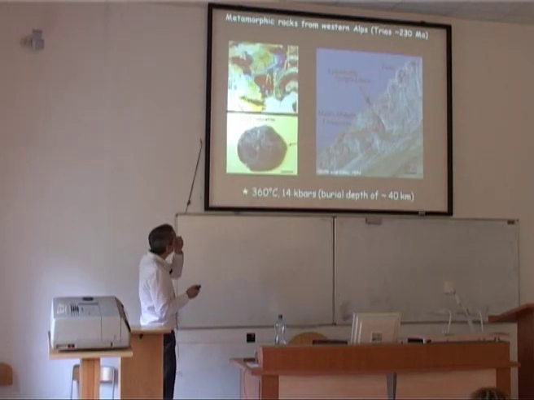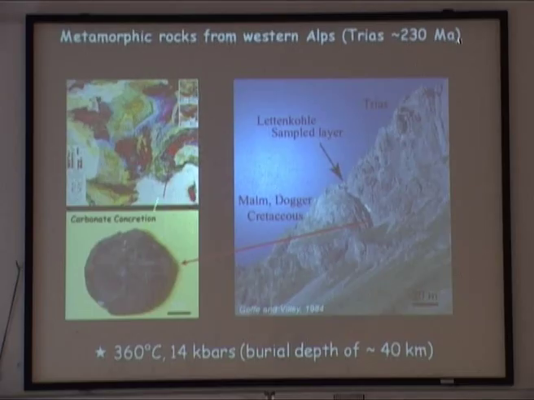So we looked at some rocks that we collected from the French Alps. This is how these rocks look. These are carbonate concretions. They come from that level in the Vanoise. And what we know from mineralogy is that those rocks formed in the Triassic, 230 million years ago.